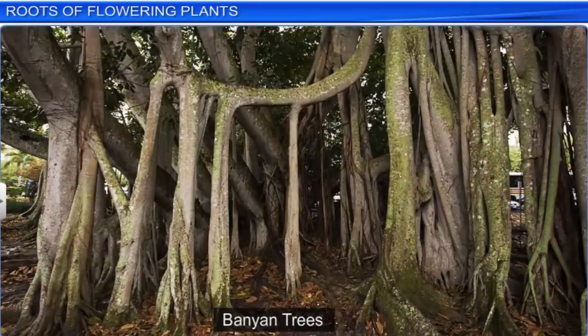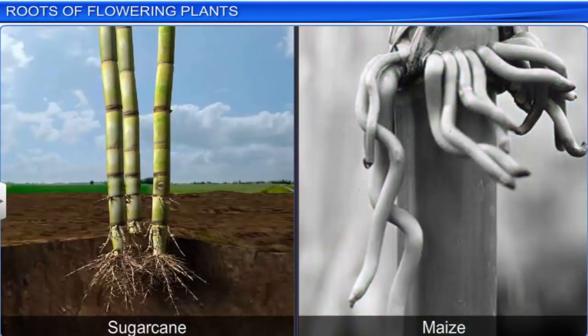Similarly, in banyan trees, the modified adventitious roots, also known as prop roots, help support the tree. In plants like sugarcane and maize, the roots emerge from the lower node of the stem to support the plant.